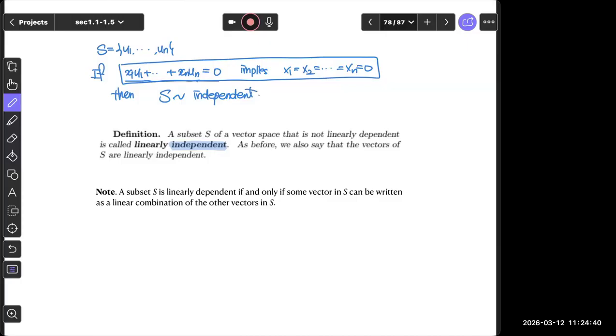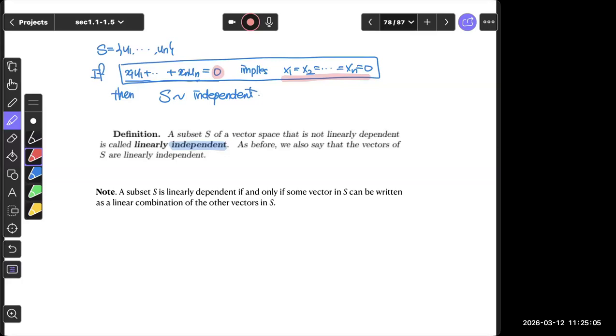Okay. So in other words, the zero vector can be constructed as a linear combination of u1 up to un with only zero coefficients. If that's the case, then the vectors in S are said to be linearly independent.